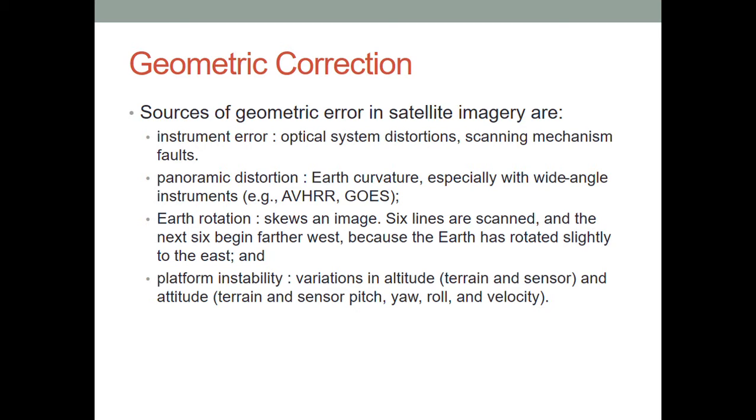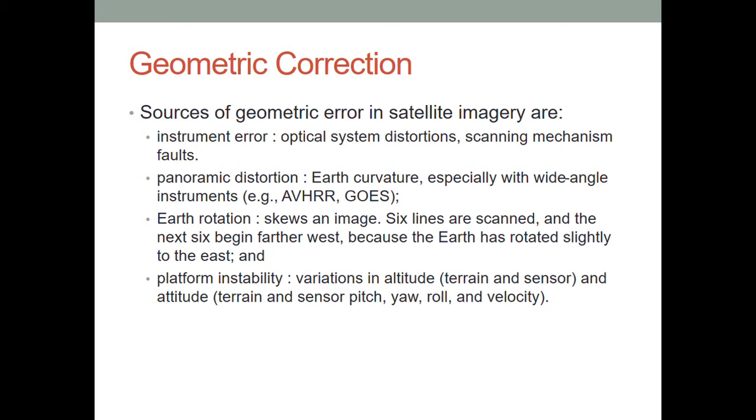And of course, panoramic distortion is due to earth curvature, especially with a wide angle instrument, just like what I showed in your previous lab. Earth rotation will also skew an image, because you have to remember our earth rotates about 2000 kilometers per hour. It's very fast.